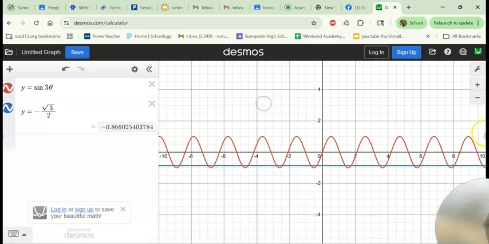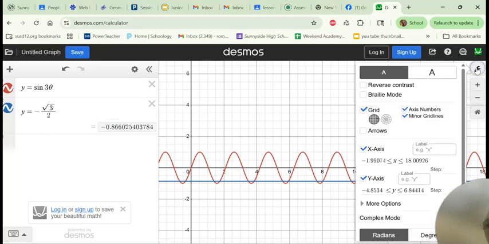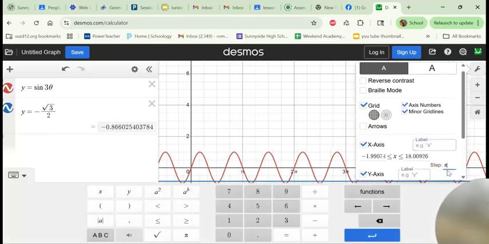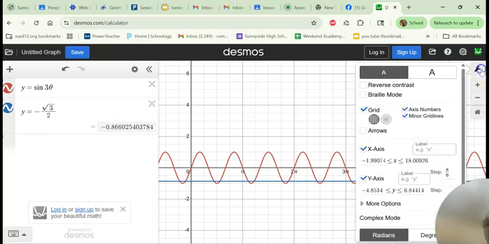And I want to make some changes here, because we want to do it on the x-axis. I want this one to be a multiple of pi by 6. And I also want step pi by 6.